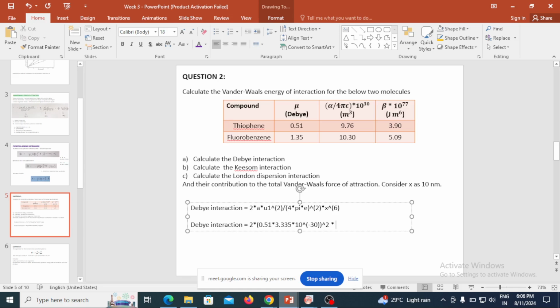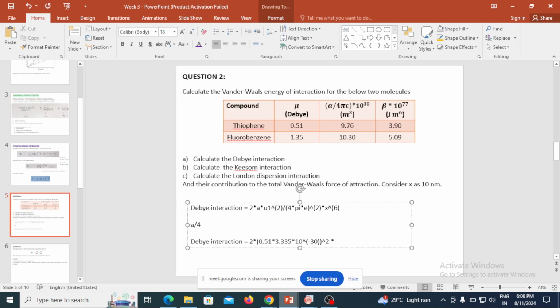So here if you see, the units of alpha is given as alpha by 4 pi epsilon into 10 power 30 is 9.76, right? Which means alpha by 4 pi epsilon is equal to 9.76 into 10 to the power minus 30. So you have to be careful there. Let me just write this.